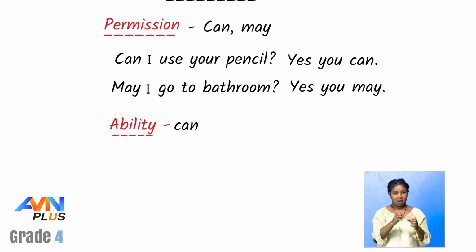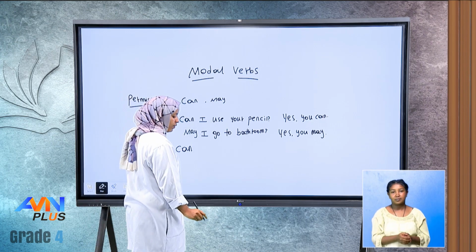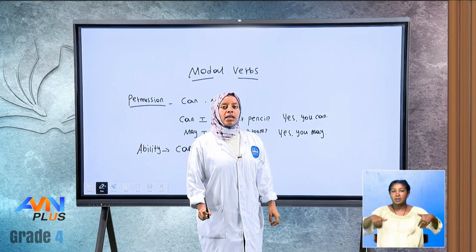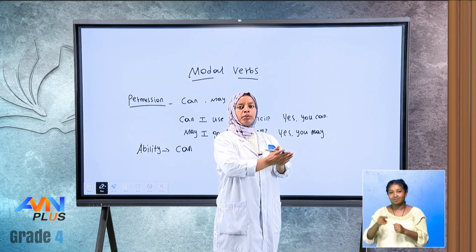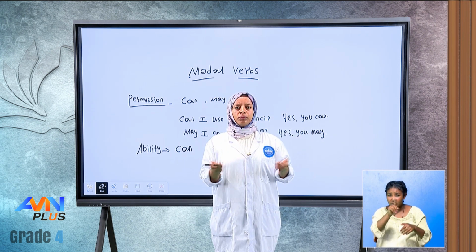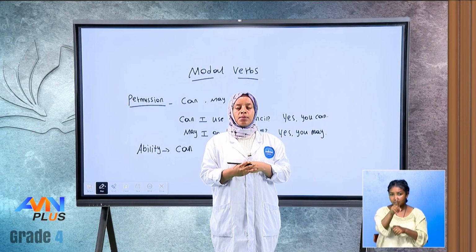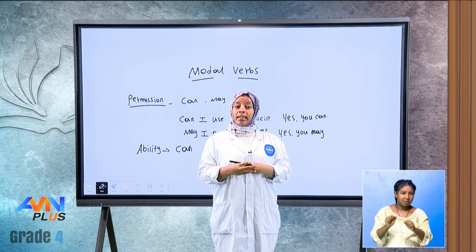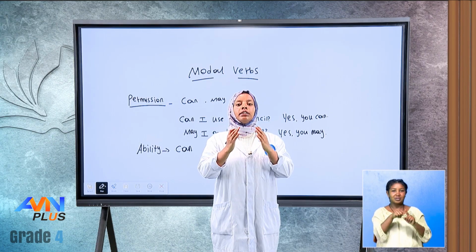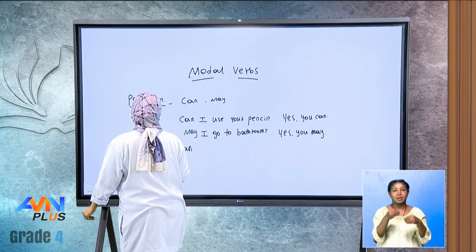We can use can. For example, if we say swimming, that's an ability that you can do. For example, can you swim? Can you swim, students? Maybe the answer is, yes, I can swim. That is a positive ability that you can do. For example, let me give you an example here.